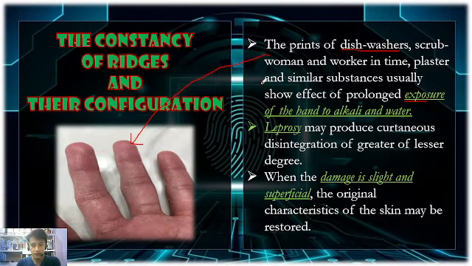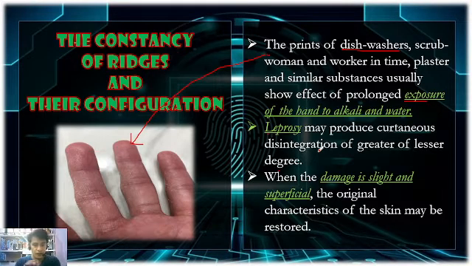And then we have here those who have the sickness leprosy, which may produce cutaneous disintegration of greater or lesser degree, but it depends on how severe the effect is, or the situation of the leprosy.